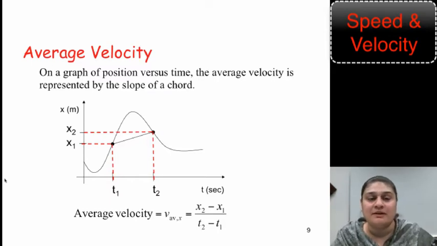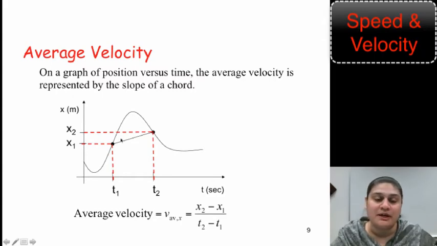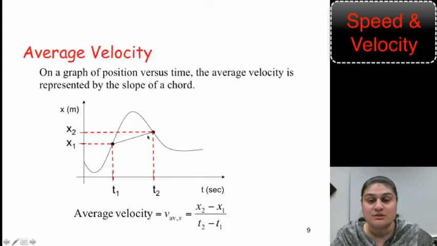So if you have x on your y-axis and time on your x-axis, and this is how your object, your car, your plane, whatever you have is moving, then in order to find the average velocity between any 2 points, you would draw a chord from the initial position to a final position, and that will help you find what the average velocity is. So in this case, it will be x2 minus x1 divided by t2 minus t1.